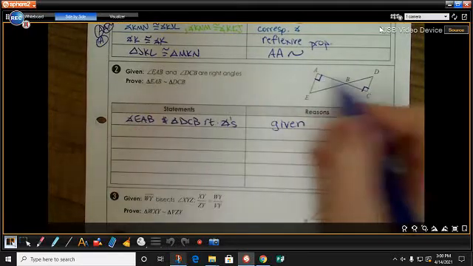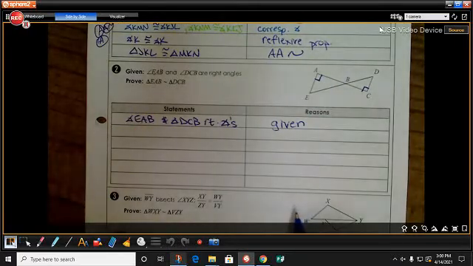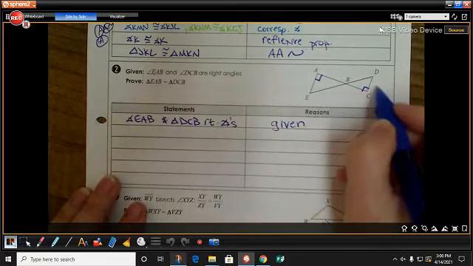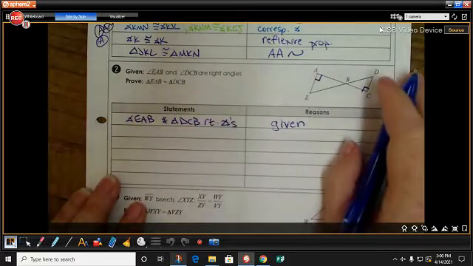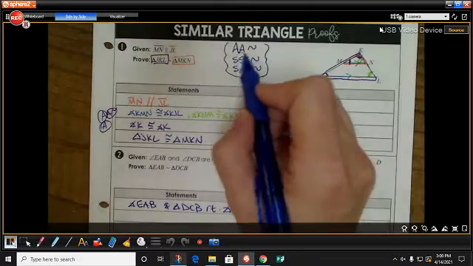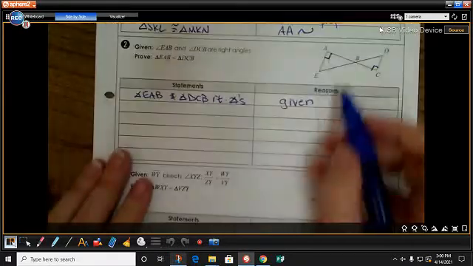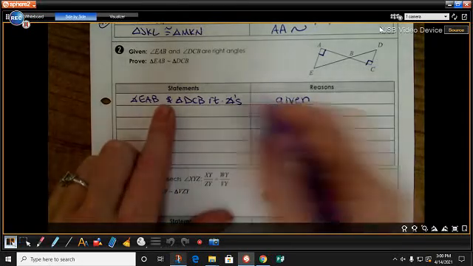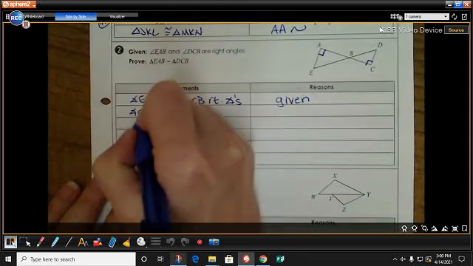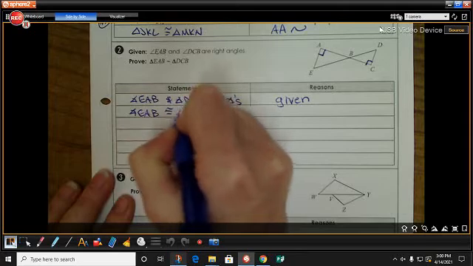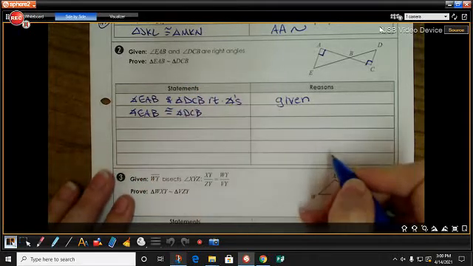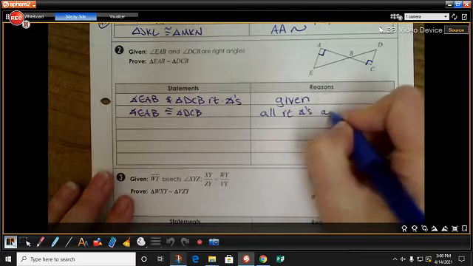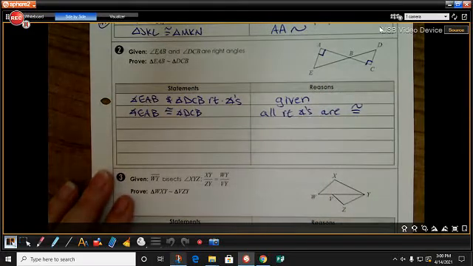Now I'm trying to prove that the two triangles are going to be similar. And since I don't have any sides marked at all, my best bet is going to be to look for angles. Well, right off the bat, based on my given, if I have two right angles, I know then that angle EAB had better be congruent to angle DCB, because we have shown time and time again that all right angles are congruent.